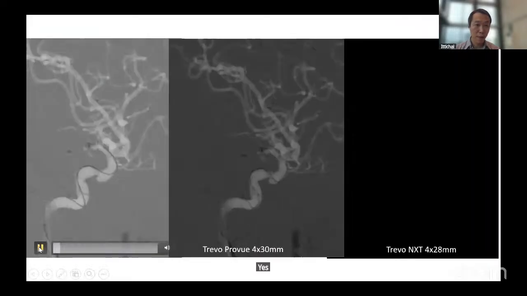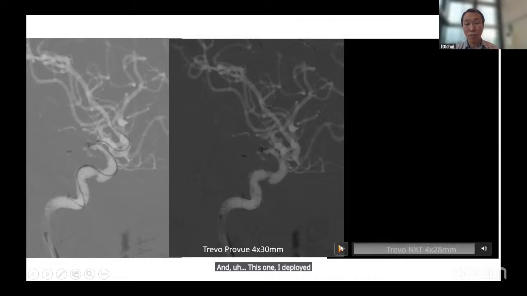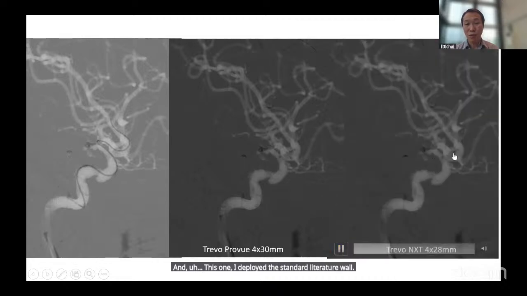Yes, I just used a stent retriever to retrieve the protruding coil. I deployed the stent retriever past the coil like this.